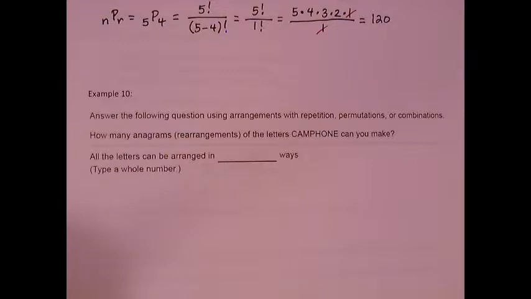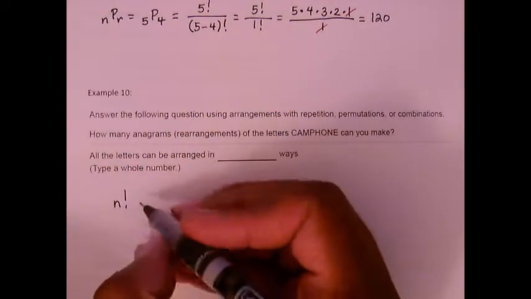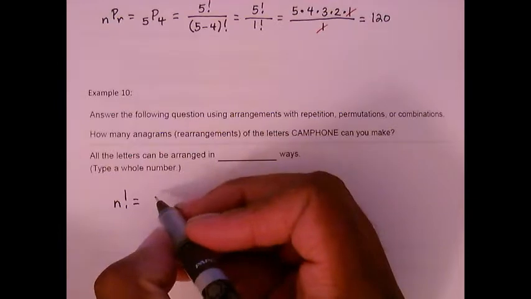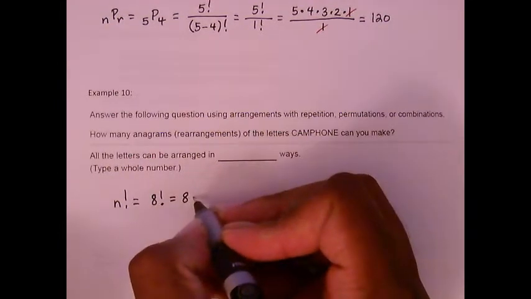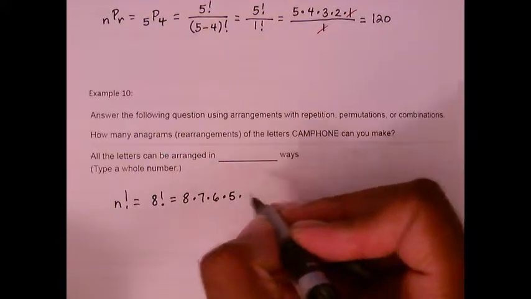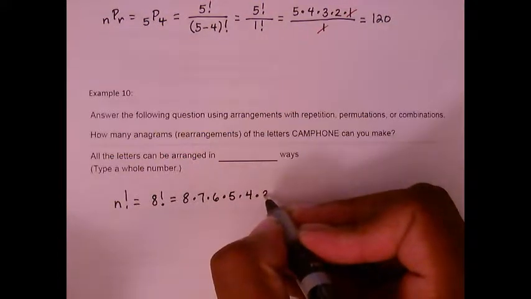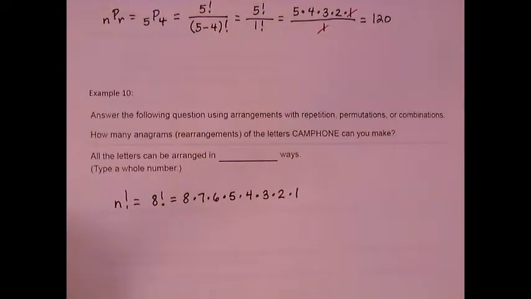Well, we're looking at rearrangements, so here we've got to do that factorial business, and here your n is going to be 8 factorial, which is going to be 8 times 7 times 6 times 5 times 4 times 3 times 2 times 1.